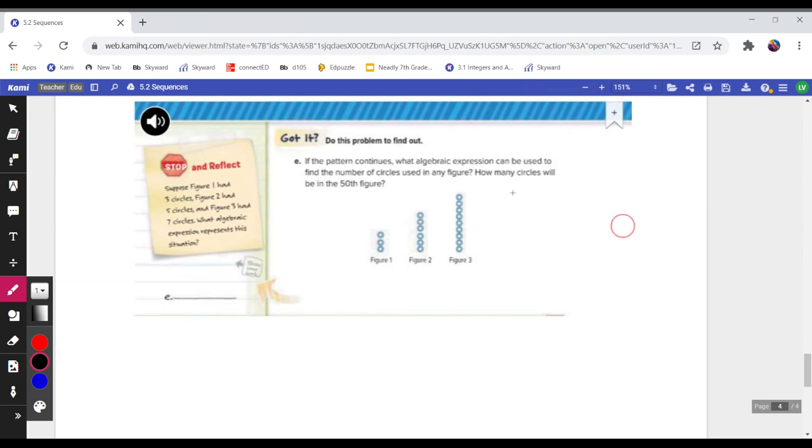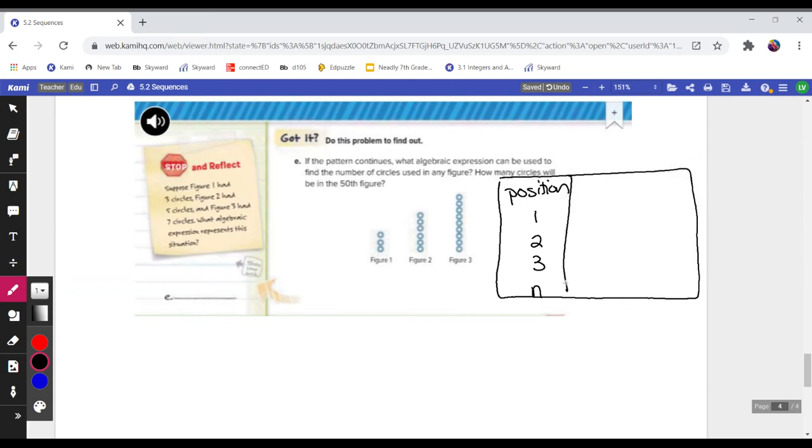So I'm going to take my position, which is going to be 1, 2, 3, and then we'll say the nth position. Bear with me. So here's my position. Then I have my operation. And then lastly, I have my value of term.